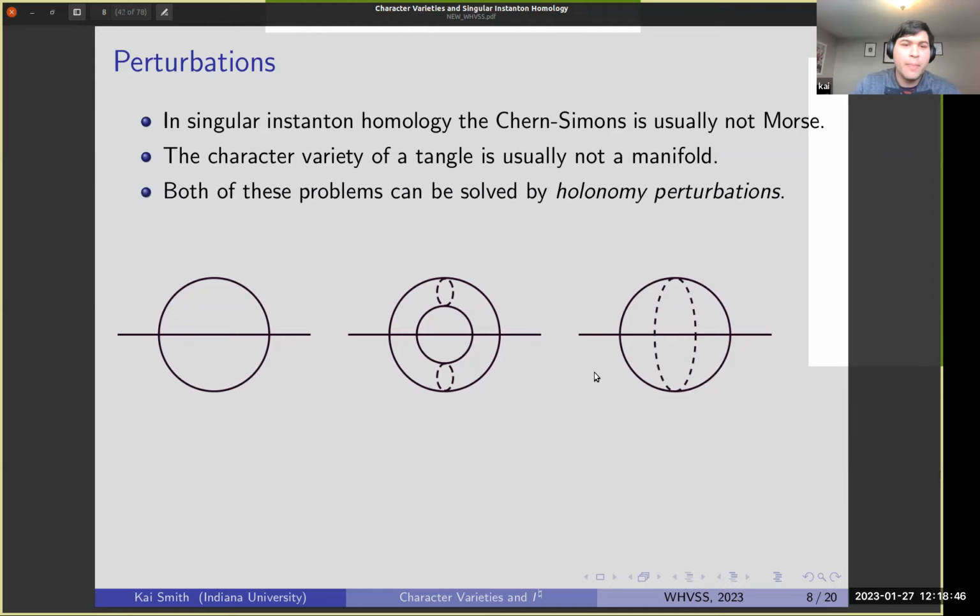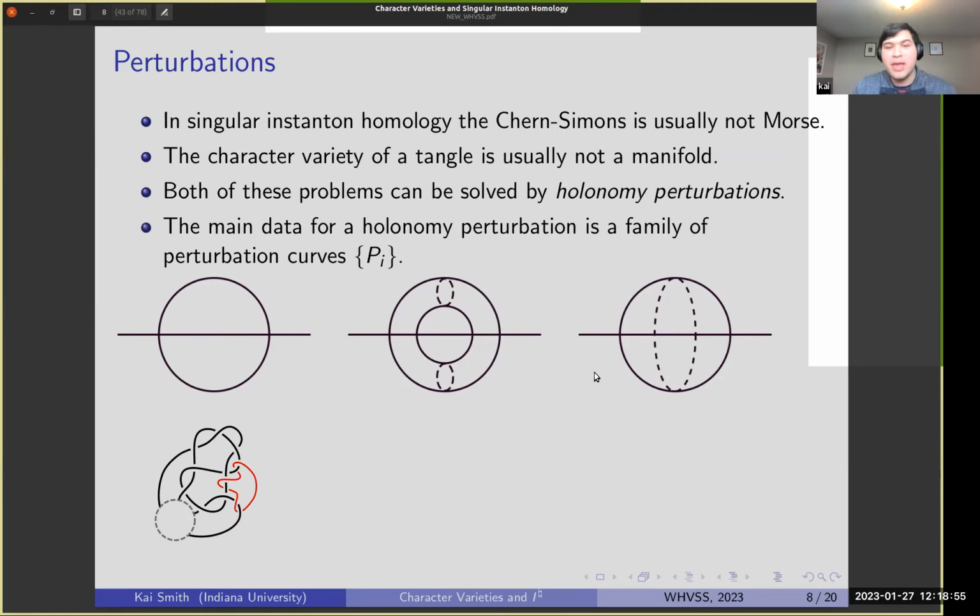And so both of these problems can be solved using something called holonomy perturbations. And the main piece of data for a holonomy perturbation is a family of perturbation curves, which are just loops in the tangle complement. So here's our tangle from before, and this in red is an example of what could be a perturbation curve. In the instanton case, what this means is you're in a tubular neighborhood of this curve, you're perturbing the flatness conditions.